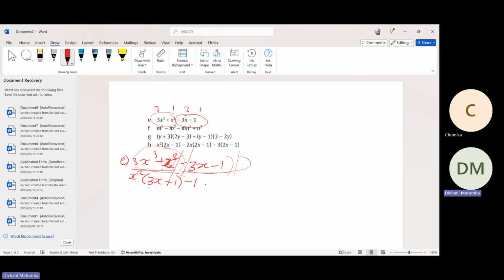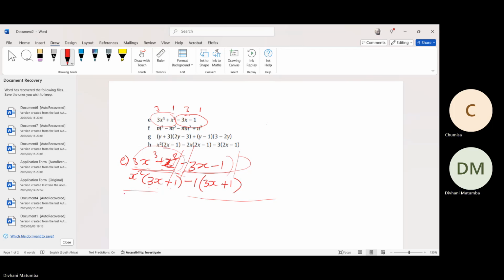If you take out minus 1, you'll be left with what? 3x, sir. 3x plus 1. Yes. You agree? Yes, sir. So do we have a common factor? Yes, sir.